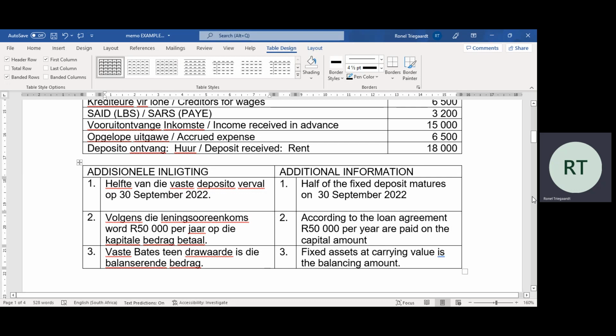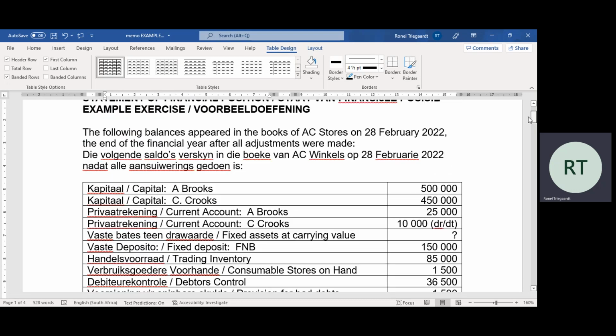So in this one, half of the fixed deposit matures 30 September 2022. That is next year. Remember our year ended, ons jaar het mos geëindig op 28 Februarie. 30 September is in the next 12 months. It's around the corner.